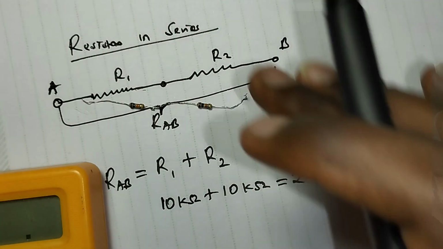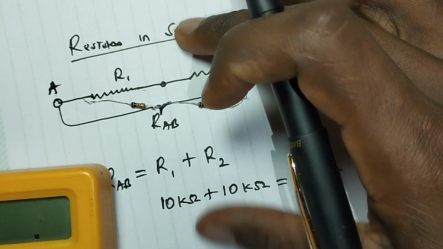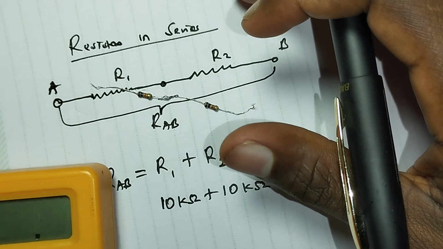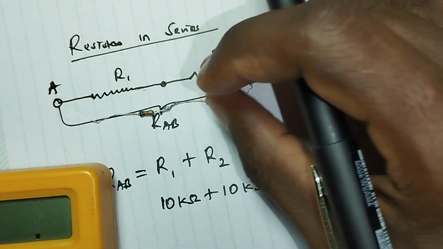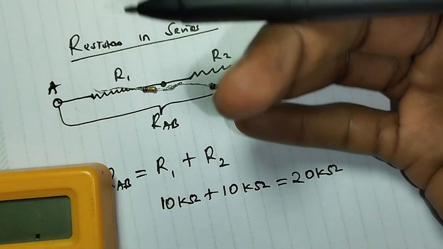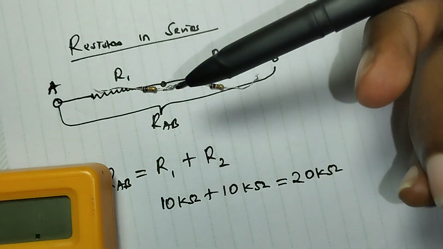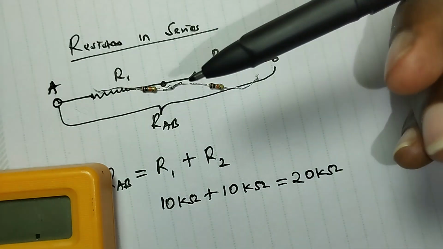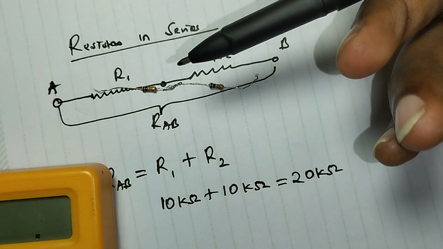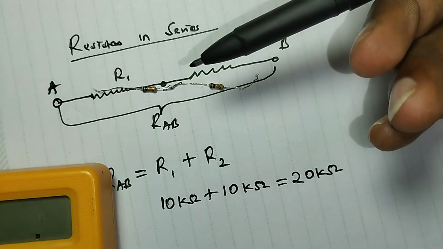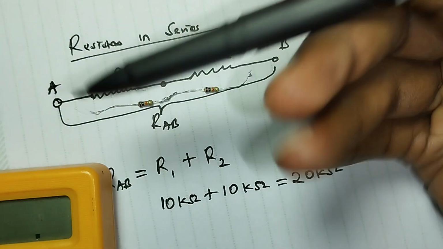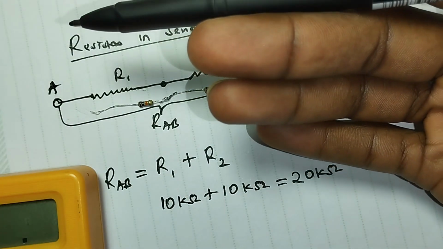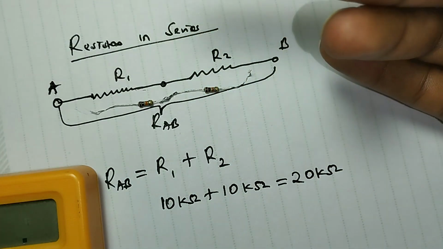Now, when do we exactly apply these kinds of networks? Let's say you have a couple of resistors, for example in our case, we have two. If you want to reduce the resistance of the two resistors, you connect them in parallel. If you want to increase the resistance, you connect them in series, as we have just proved by these two equations.